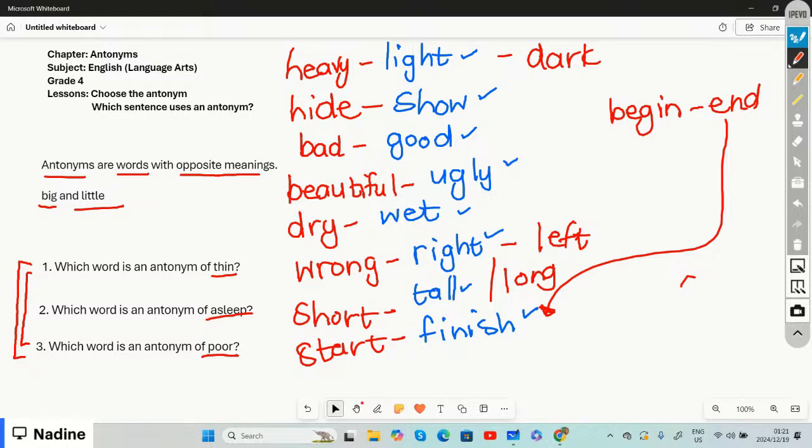The opposite of thin. What is the opposite of thin?